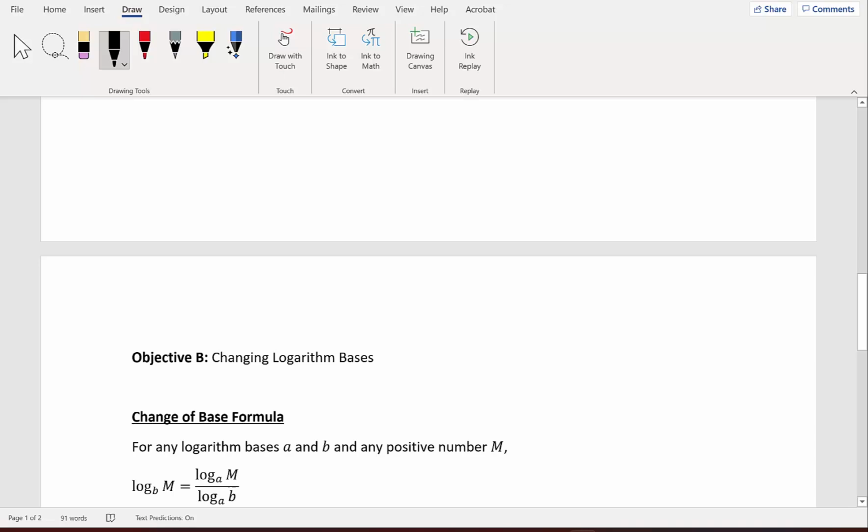So the only 2 logs that we have on our calculator are the regular log, which is base 10, and the natural log, which is base e. Any other base we cannot put into our calculator.